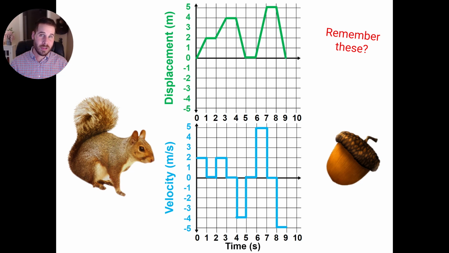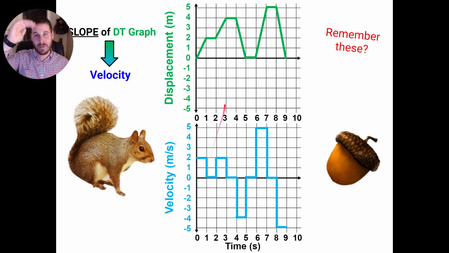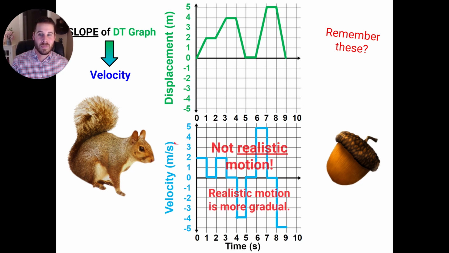And the VT graph that we came up with, that's the blue one on the bottom, described his velocity as time goes on. Now you might notice that he was traveling at 2 meters per second at first and then suddenly was traveling at 0 meters per second. And that's a pretty sudden change of velocity. And in truth, it is true that you can take a DT graph and use the slope of those lines to make the VT graph. So these graphs are made correctly, but the graph that you're looking at here is not representing what I'd call realistic motion.